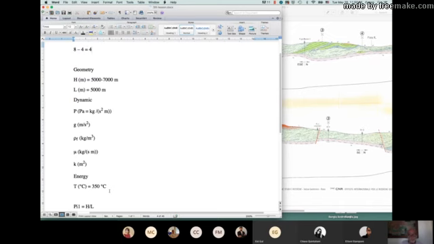Then I will need a coefficient of thermal expansion. I call it alpha, and it has dimensions of 1 over temperature.